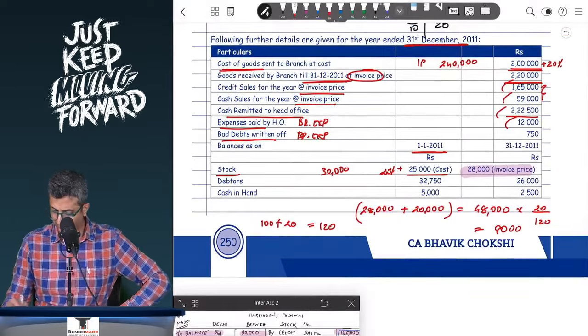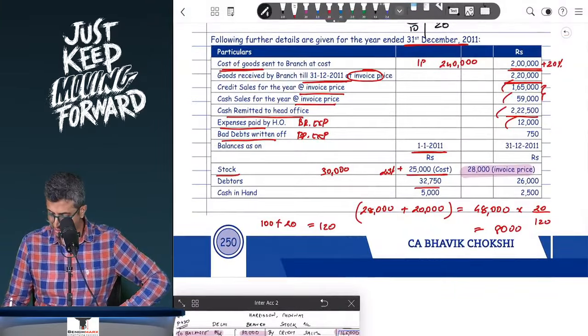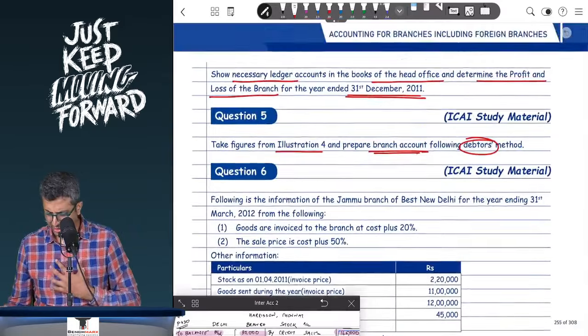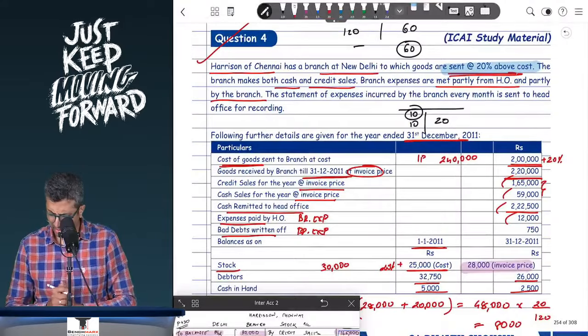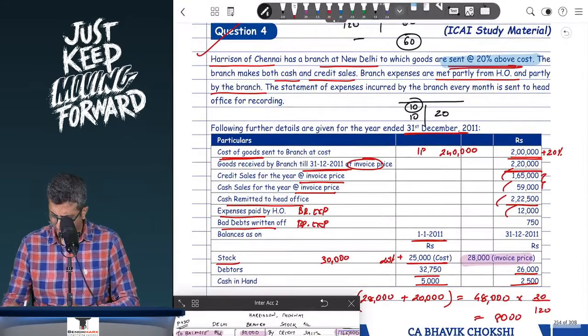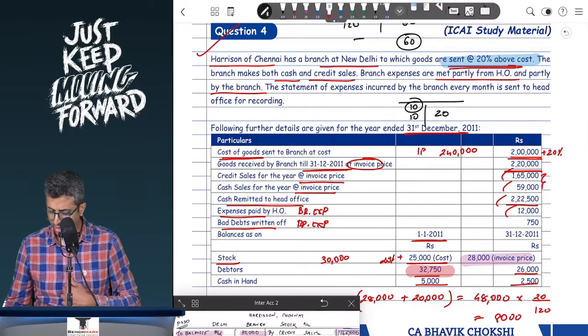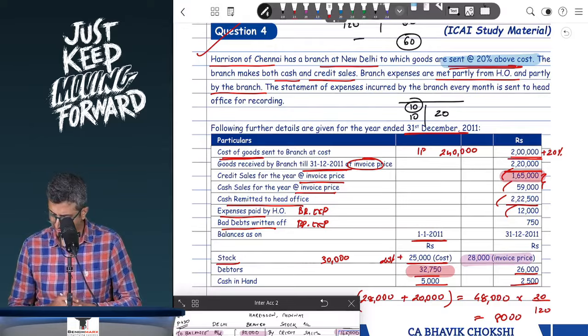Okay, then apart from this, there will be closing debtors and opening debtors, cash in hand and closing. So maybe we'll try to prepare the debtors account. In the debtors account, your opening debtors will come to 32,750. During the year, there will be certain sales, maybe credit sales at 165.